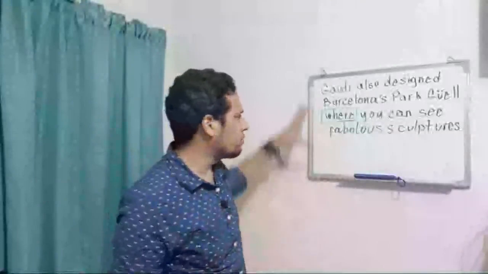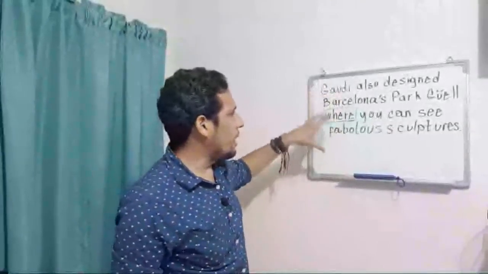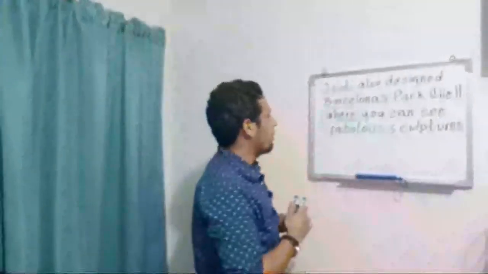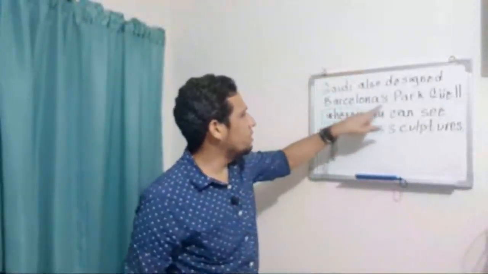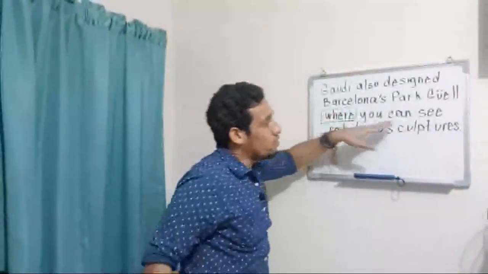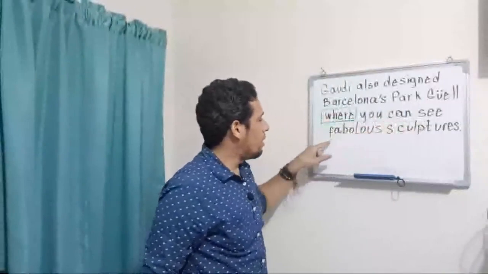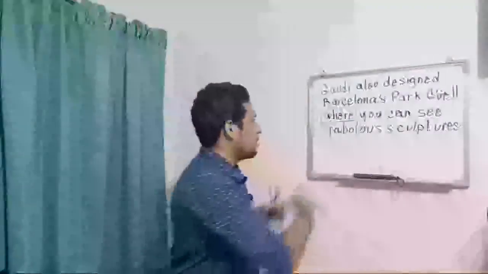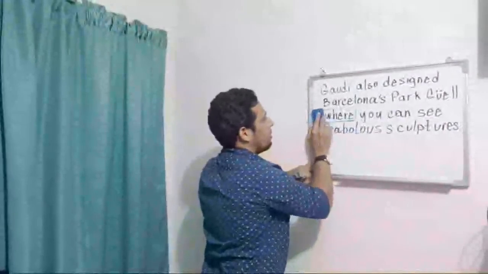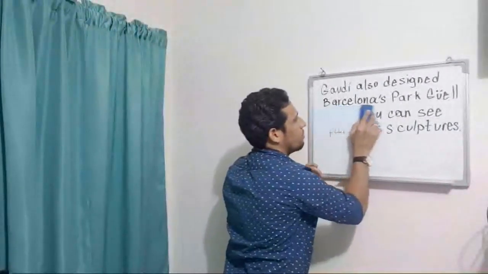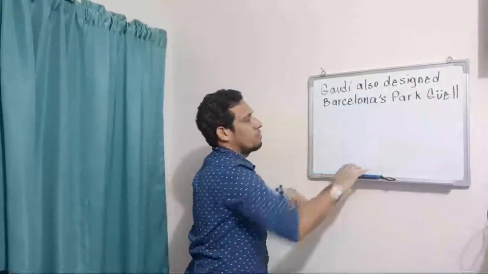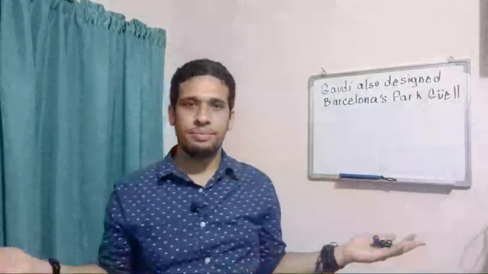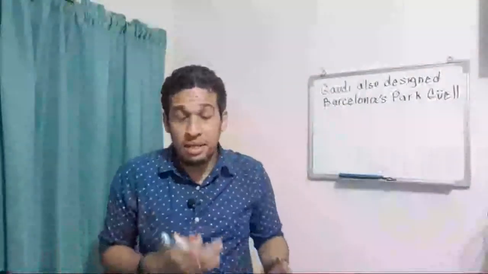So, here, si ustedes se fijan, right, we have Gaudí also designed Barcelona's Park Güell, where you can see fabulous sculptures. Si ustedes borran esta parte de la información, ta-da, it makes sense.